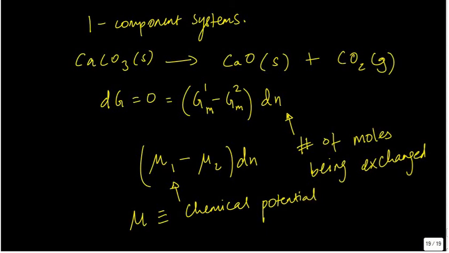The definition that I'm giving you is for a single component system, and in the next couple of lectures you will see how it changes when you have multi-component. So for the moment, the chemical potential is nothing but the molar Gibbs free energy, right?